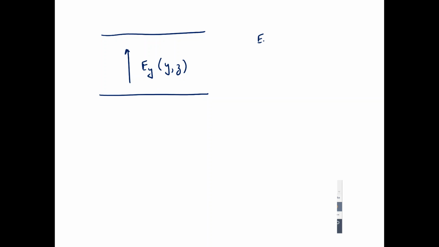So Ey will exist, Ez will exist, Hx will exist. So in this case, you would have an electric field pointing in the y direction, a magnetic field pointing in the x direction, and an electric field pointing in the z direction, and the wave propagating in the z direction.